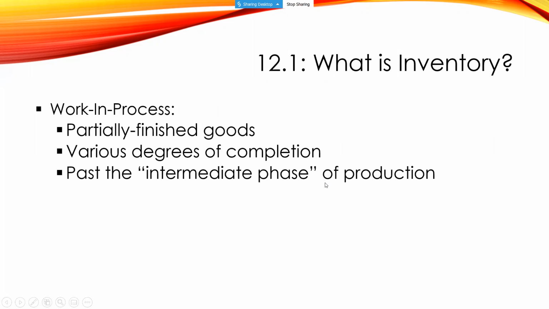Work in process, raw materials that have entered into the production process, but they're not finished yet. These are past what's called the intermediate phase of production. And there are various degrees of completion.